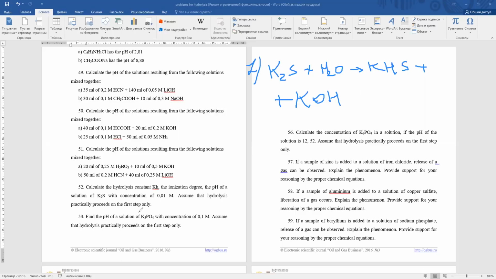And your task is you have to calculate the pH. The pH should be based on this one, and also the hydrolysis constant, and the ionization degree.